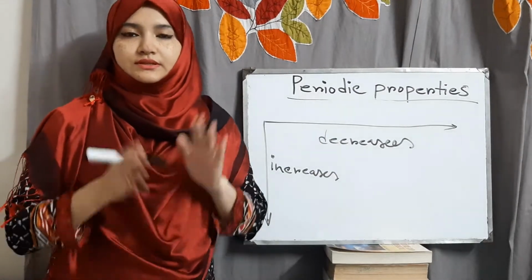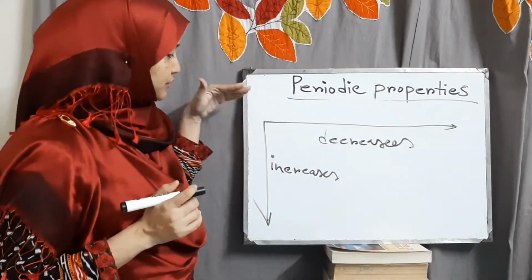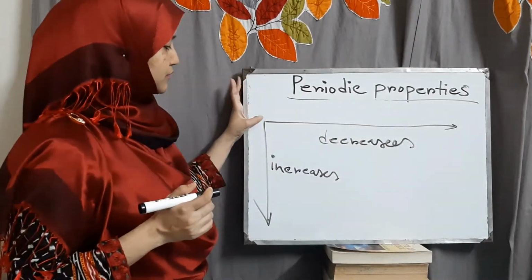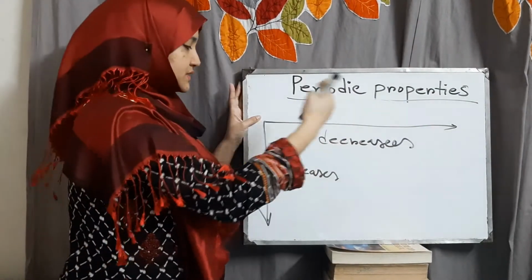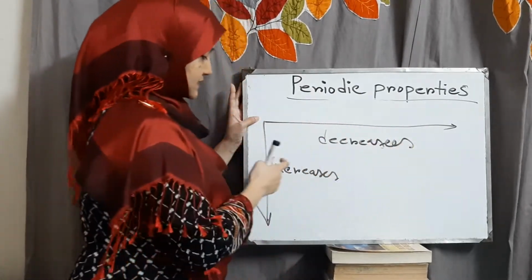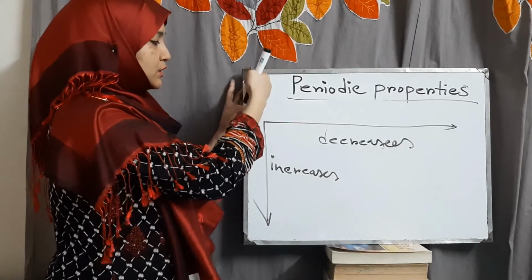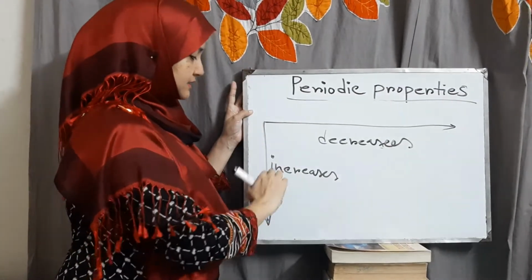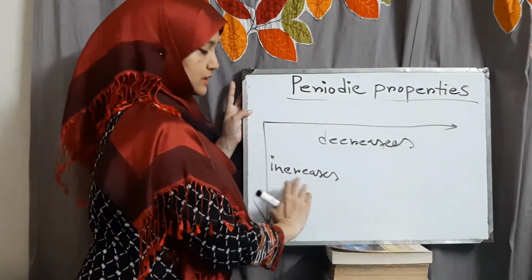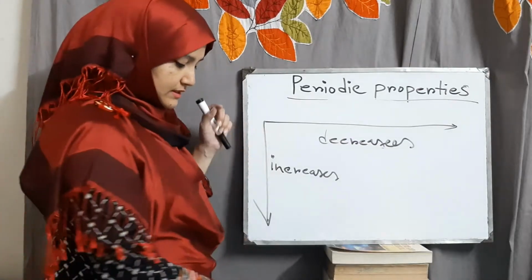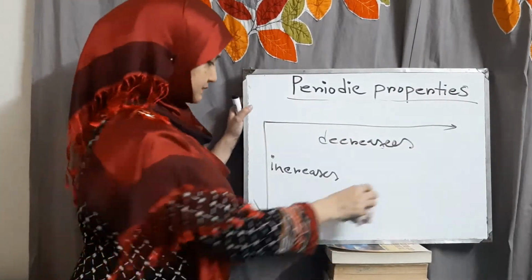Is it clear? If in the same period we proceed from left to right, the atomic size decreases, and if we go from top to bottom, then the atomic radius increases. Why? Let's discuss the reason.